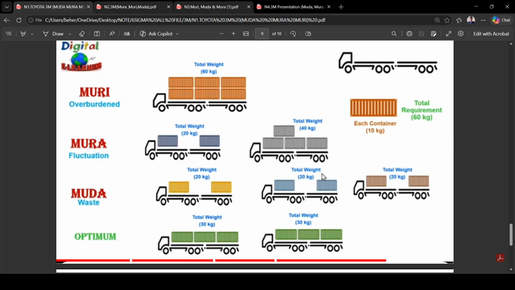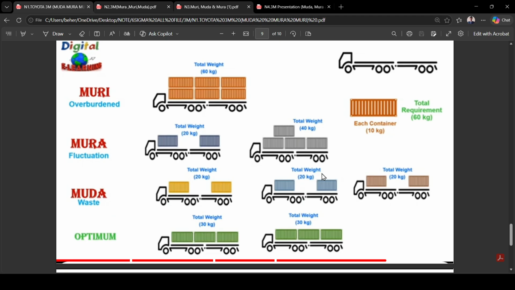First of all, I will start with Muri. Muri means overburden: you put the total 60 kg in one truck. That means overburden, and one operator has to handle it, which is difficult in production.